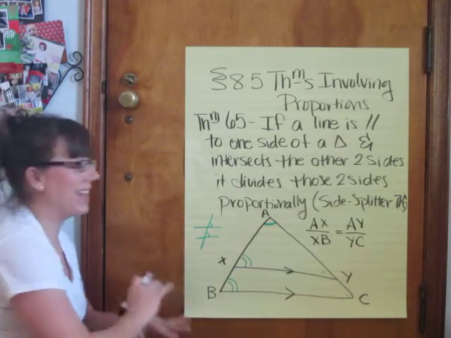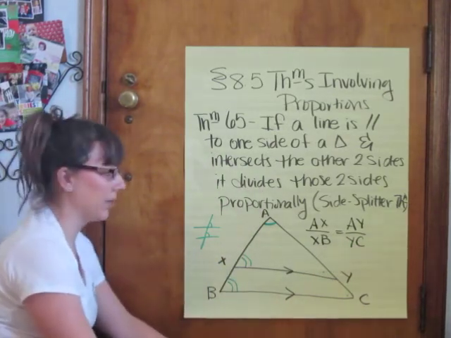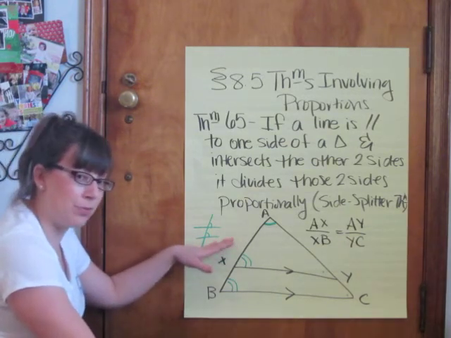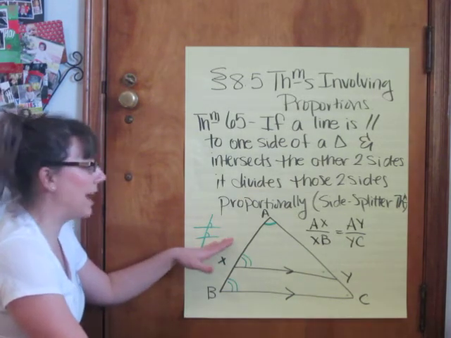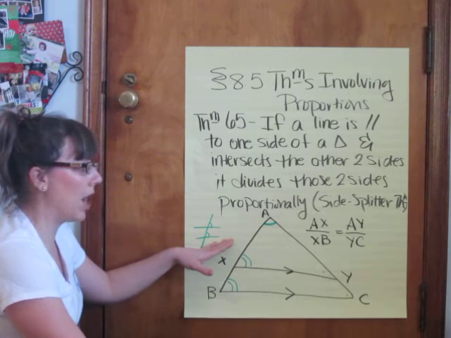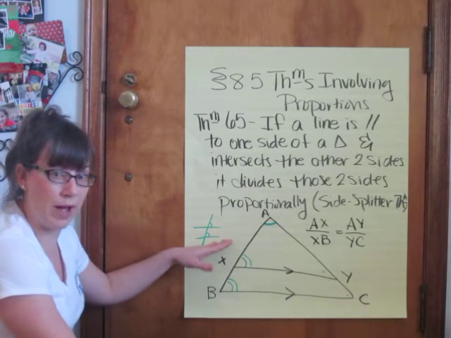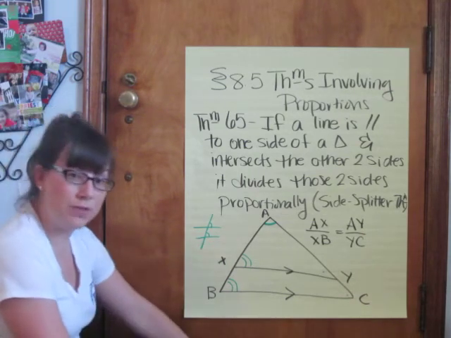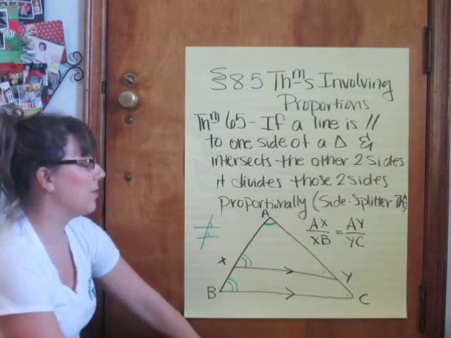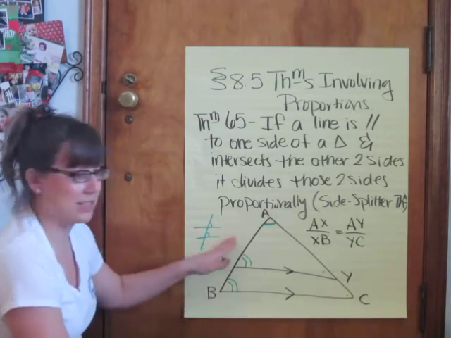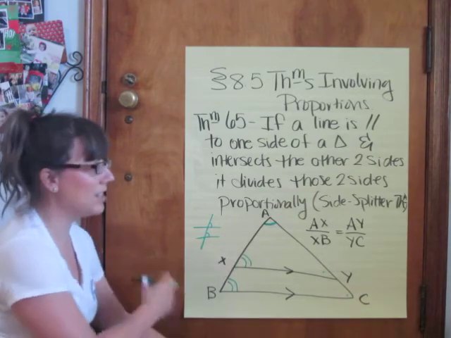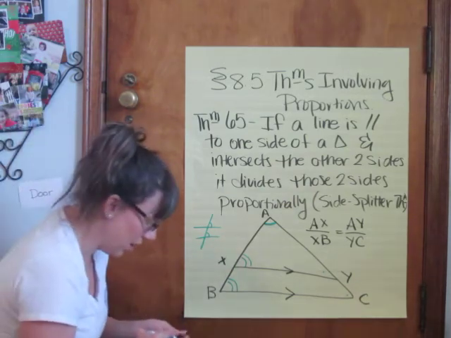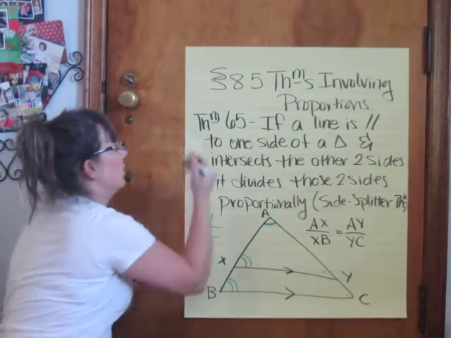Okay? That's all the theorem is, side splitter theorem. Now you're going to use this mostly for algebraic types of problems, but you might actually end up using it for some geometric proofs as well, okay? This is not heavy on proofs in this section, but you may find that you have a proof or two that has this in there. Side splitter theorem. That is theorem 65.